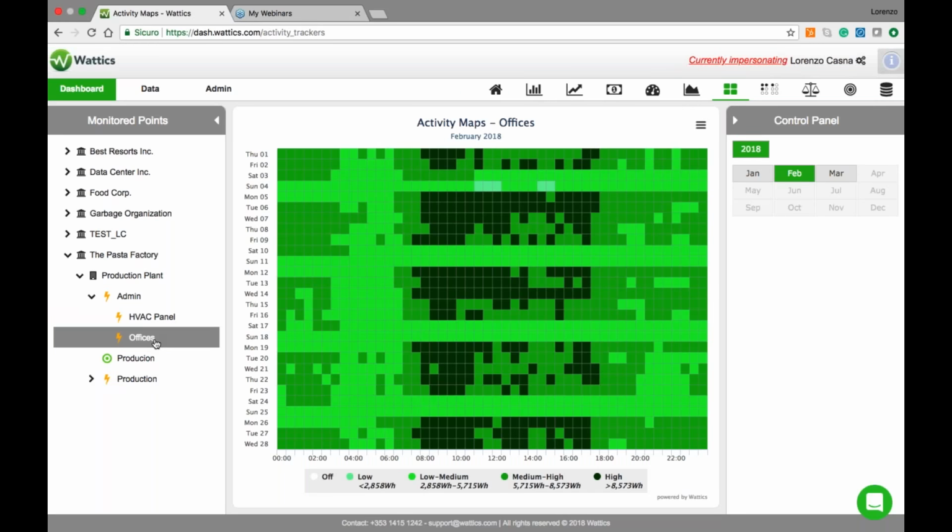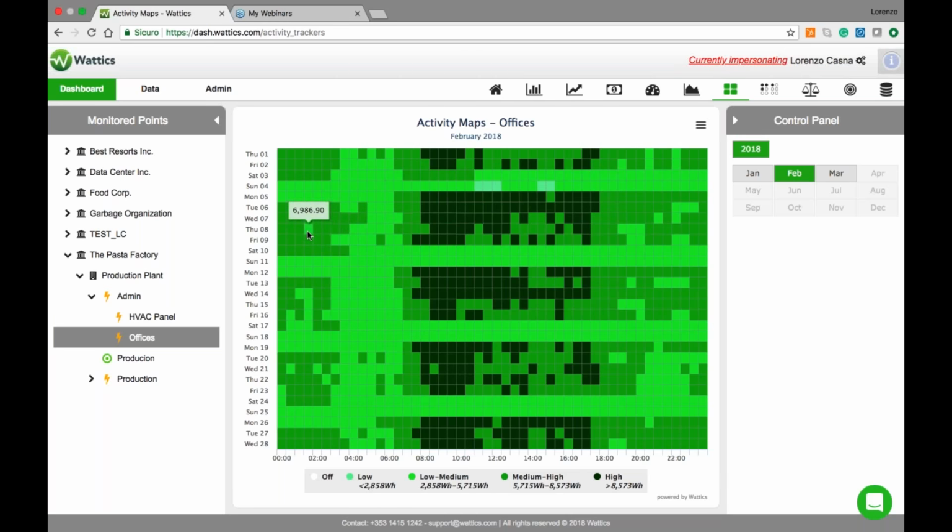What happens if we take a look at the offices is that, okay, we expect a baseline consumption because, as I mentioned before, there may be servers, there may be fridges, something that we don't want to switch off during the night. But here, the energy consumption is still high, also during the night. So there is something that gets switched on and off during the night.